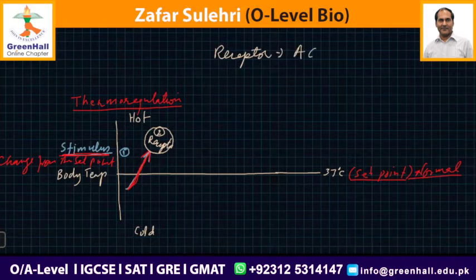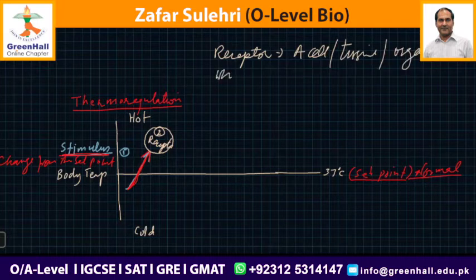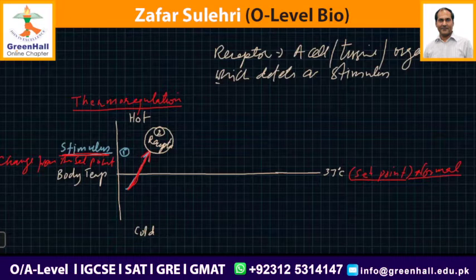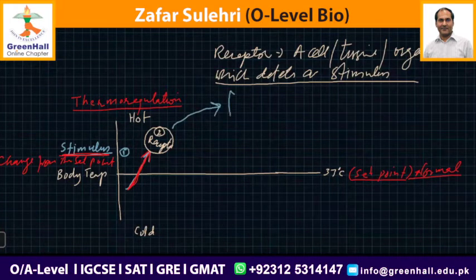And what is the receptor? A cell, tissue, or an organ which detects a stimulus. It also fires off nerve impulses, और ये जो nerve impulses हैं, they are carried to what part of the body? ये कहाँ जाएंगी nerve impulses?